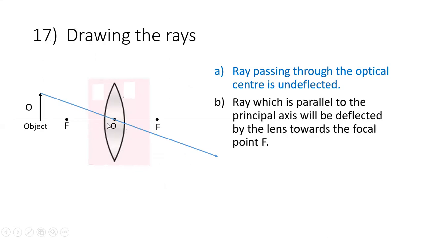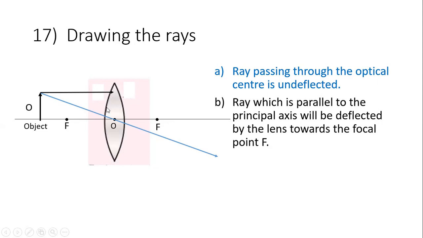The second ray, which is parallel to the principal axis, will be deflected by the lens towards the principal focus. So it's parallel to this axis there. After it passes through the lens, it goes through the focus.